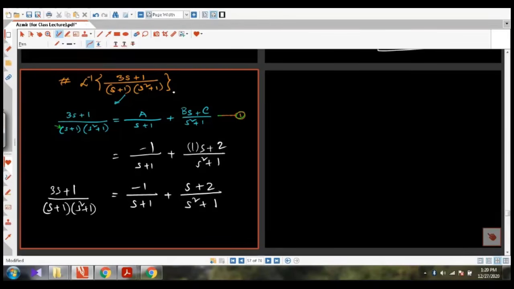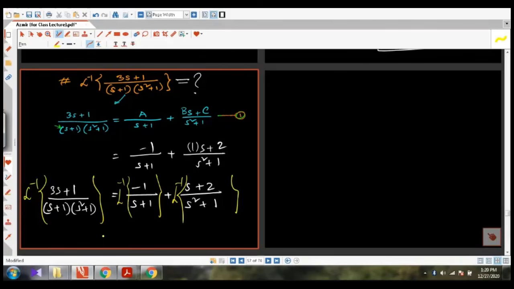But don't forget, our target is to solve the inverse Laplace transformation, right? Yes, sir. So let's apply inverse Laplace now. Since we know the linearity property, we can separately write the inverse Laplace of each term.